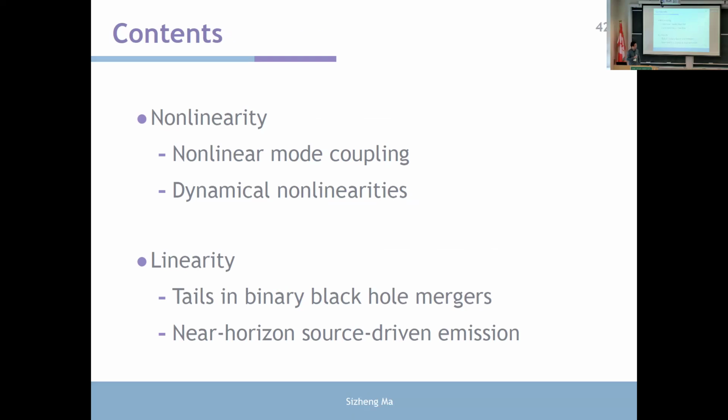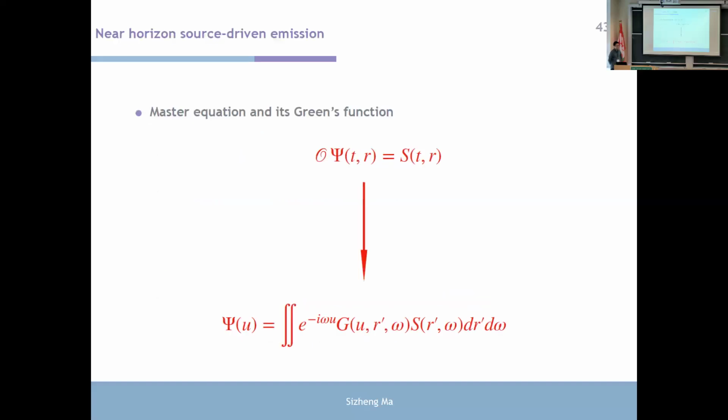Okay, so the final part is about the near horizon source-driven emission. As I have mentioned a few times, the black hole dynamics are governed by this Teukolsky equation with a source term. A useful approach to obtain this solution is to use the Green function method.